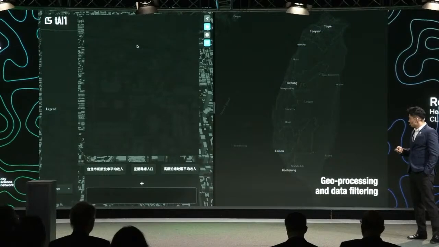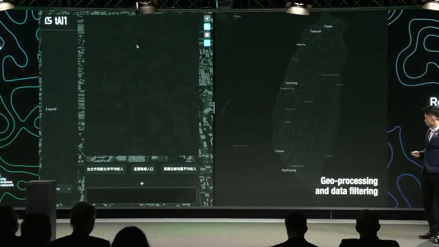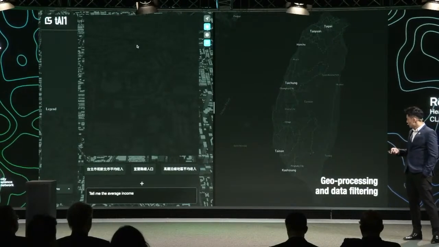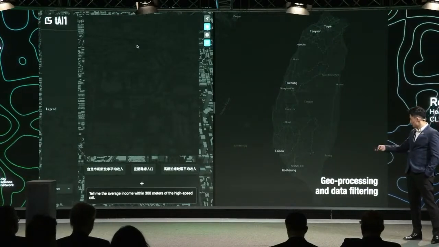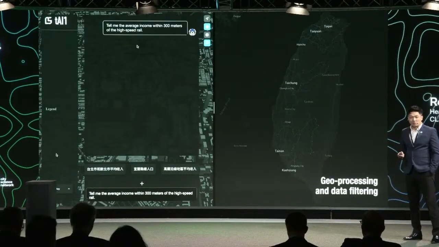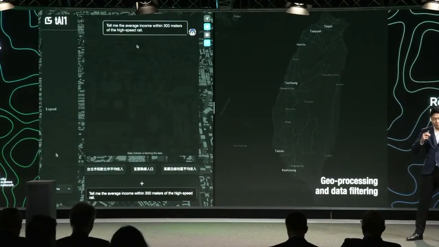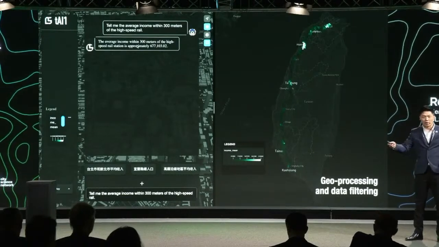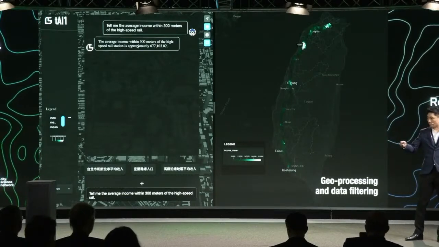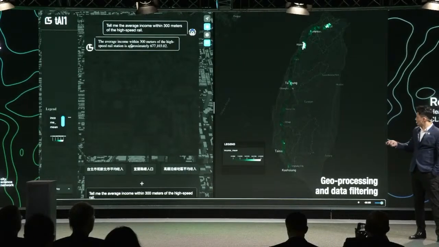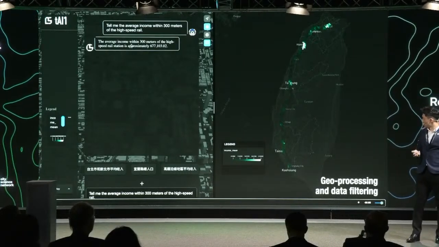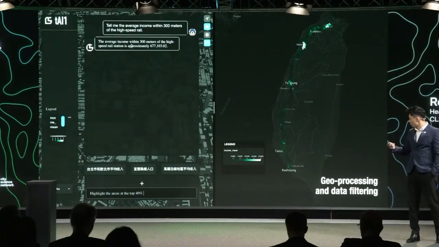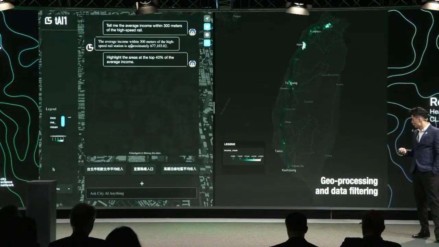Or we can do something slightly more advanced, like geoprocessing and data filtering, like tell me the average income within 300 meters along the high-speed road. Since we equipped the AI with the knowledge of geospatial elements, it could actually generate the buffer zones accordingly and calculate the value in between. And we can further filter by some criteria, saying, okay, show me the top 40% of the average income.